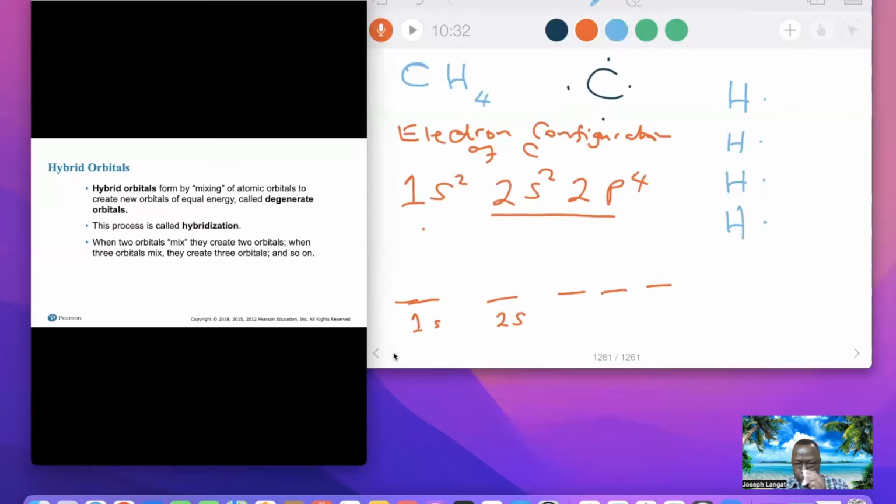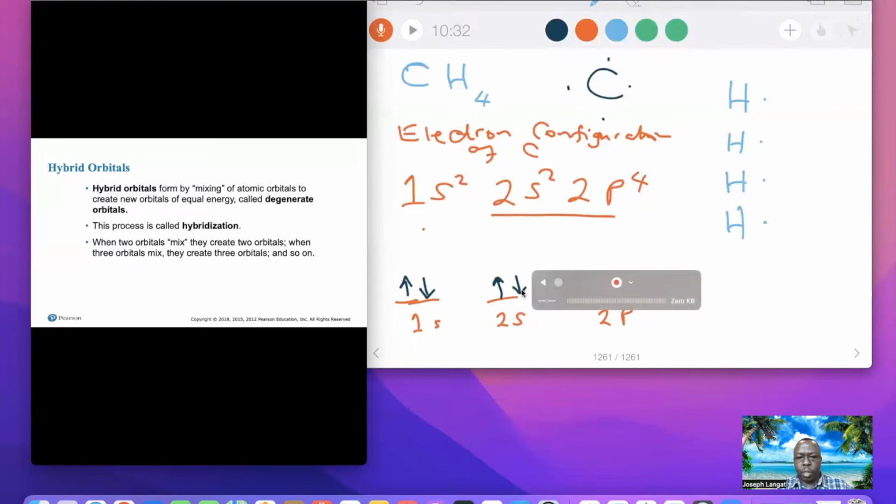If we write the electron configuration using up and down arrows to show electrons, carbon is number 6, so it has 6 electrons: 1, 2, 3, 4, 5, 6.